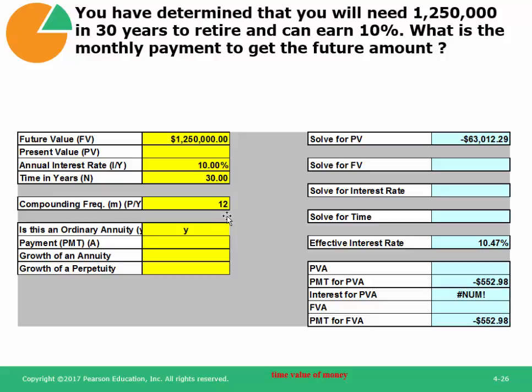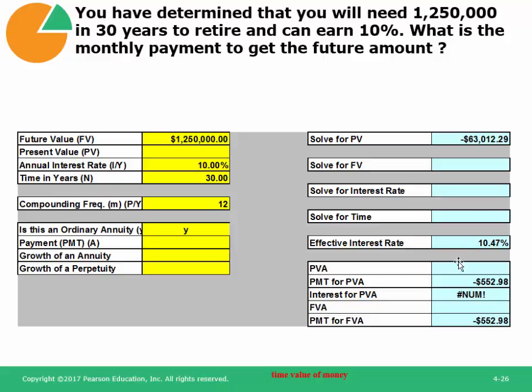So we would need a 12. So we need 12 months in a year. And this is going to be an ordinary annuity. So we would be making these payments starting at the end of this month. The answer is I need to invest $552 a month for 12 months per year for 30 years, and I'd get $1.25 million.